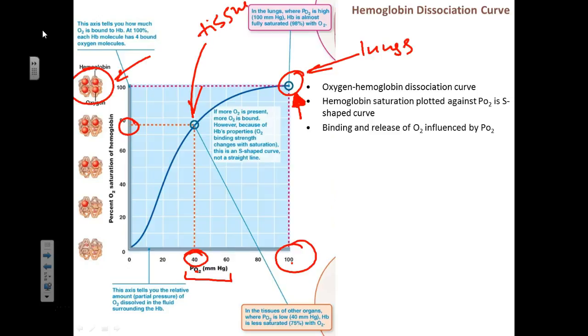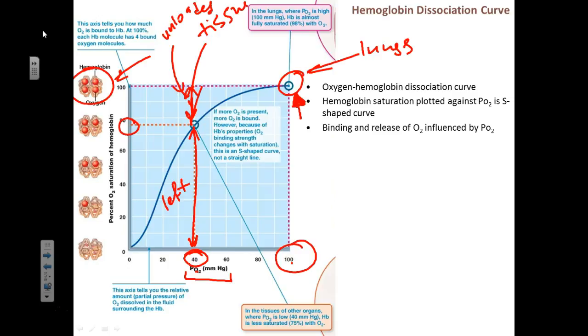You left 75%. 75% is left. 25% unloaded. Does that make sense to you? When I first saw it, it didn't make sense to me. Why do you want to unload only 1 out of every 3 oxygen molecules in the tissues? I mean, I understand we reach the goal of oxygenation anyway, but we unload only 1.